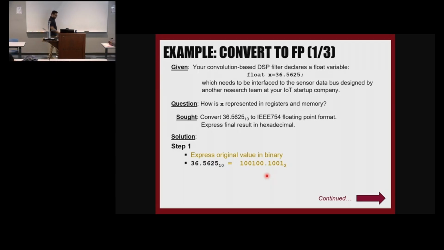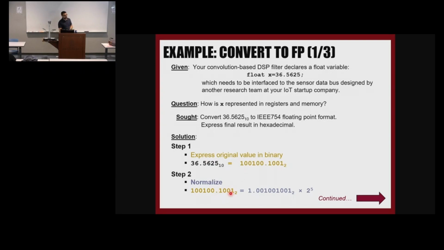Okay. Now the next step is going to be normalizing it. So this number is not normalized because there are more than 1 bit on the left side of the binary point. And what it means is that I have to shift things left or right depending on what that number is. In this case, because we have more bits, we have to shift everything right. Okay?